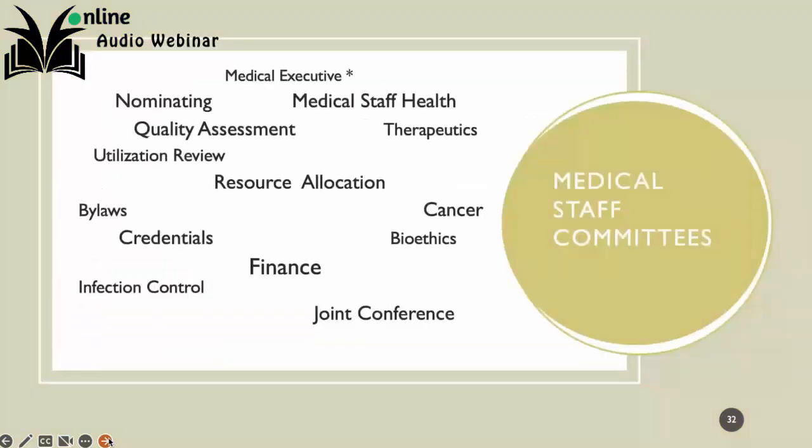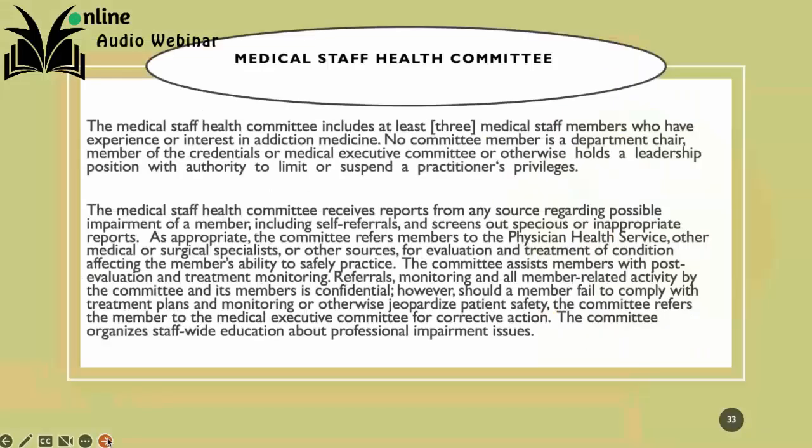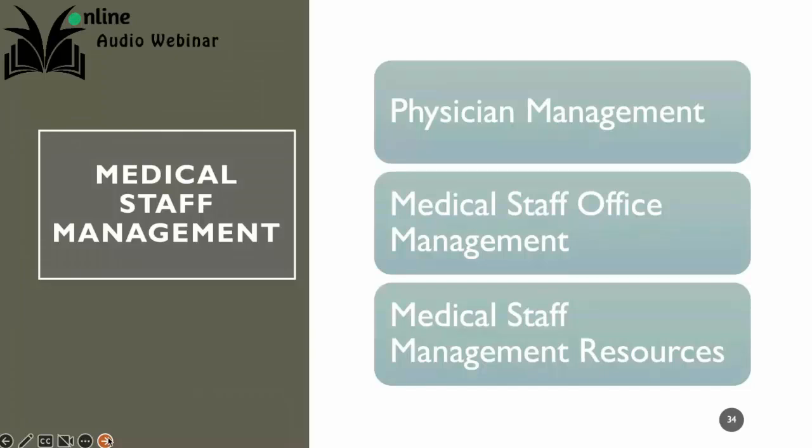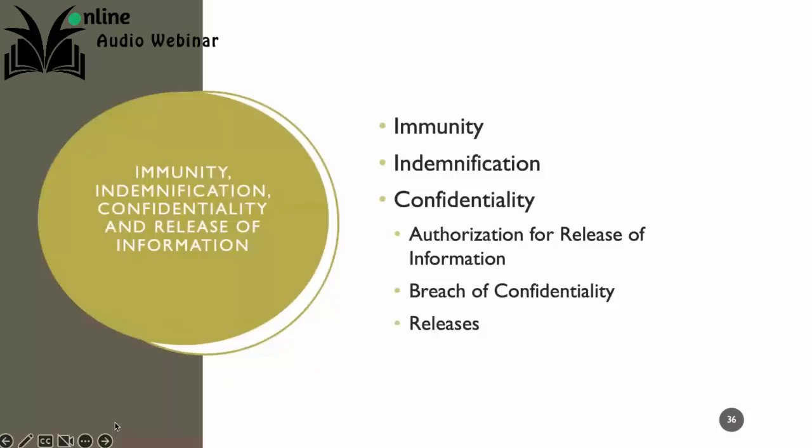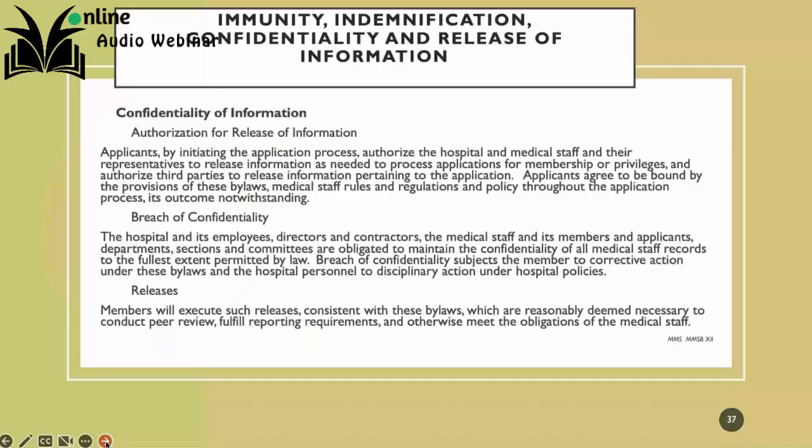It depends upon the sophistication of your medical staff and its size, that medical staffs have a health committee. Medical staff management is necessary. The medical staff needs to be managed, and there's so many different ways to approach it. Identify what kind of supports are necessary for the medical staff to be managed professionally. Here, for example, is a sample language that talks about how information needs to be kept confidential.